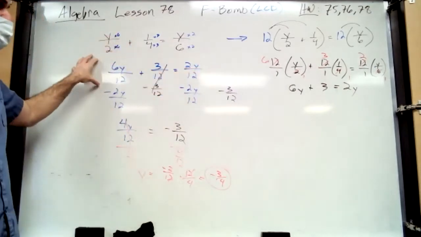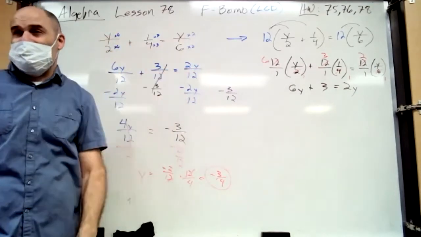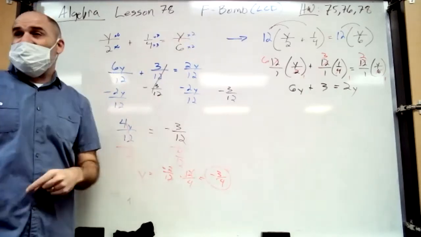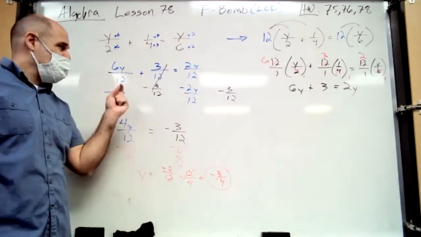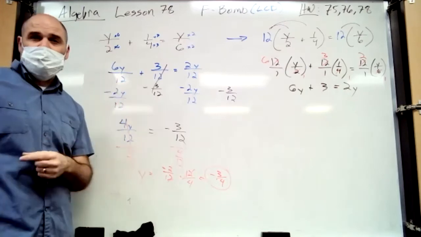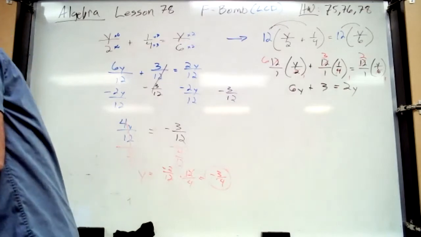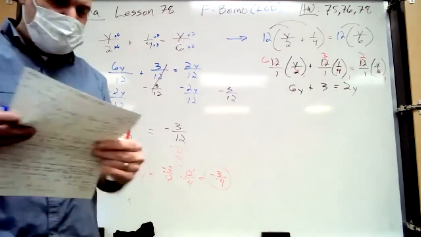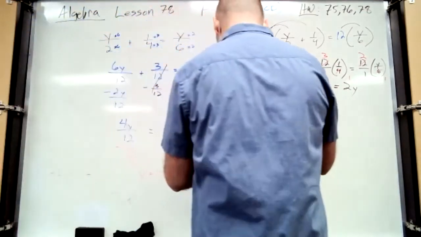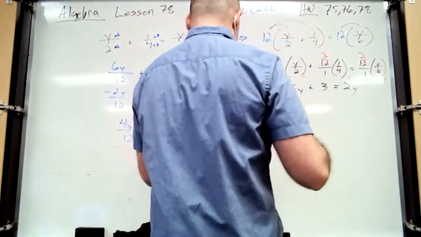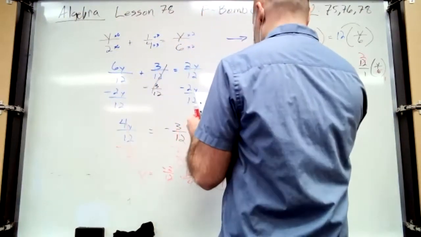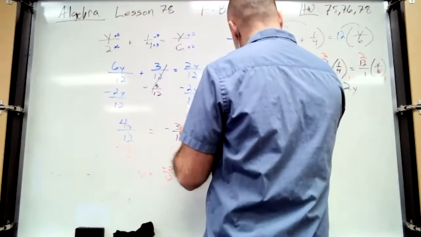Find your common denominator, write everything with the same denominator, and then you can F-bomb it. Drop that fraction bomb, which is 12. Okay? All right, let's do another one and try to figure out what the F-bomb is and drop it. But not out loud, because that's awkward.